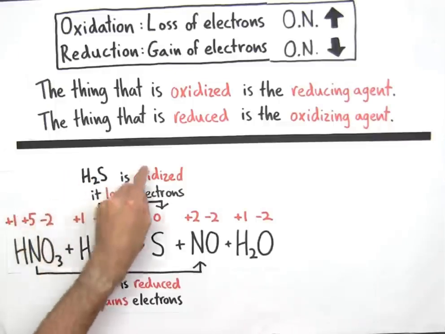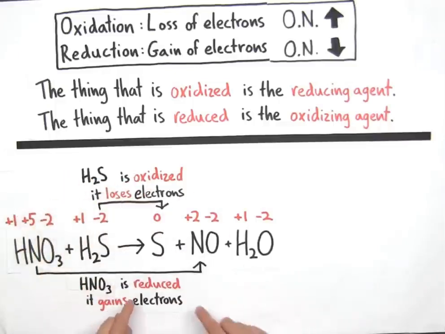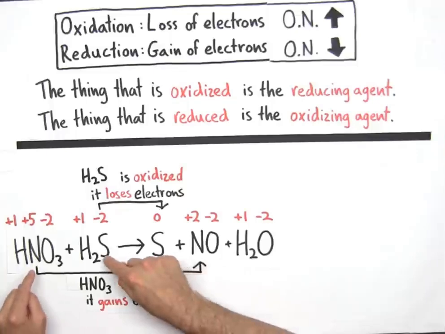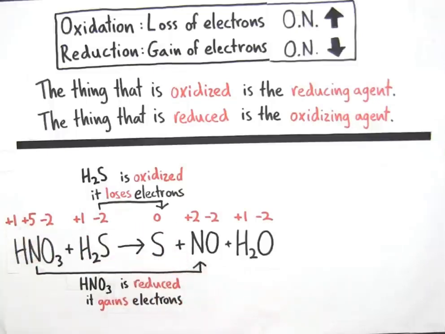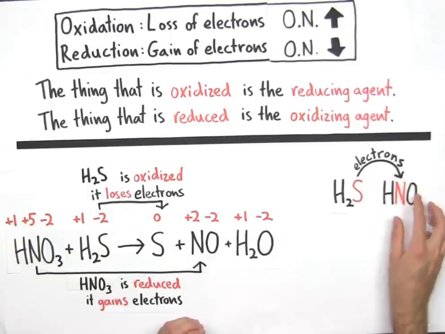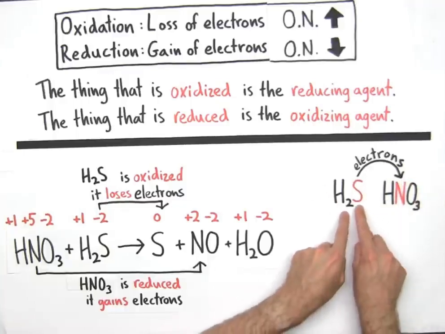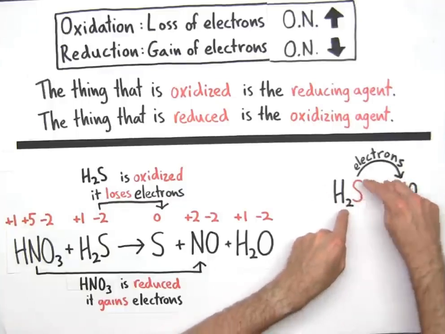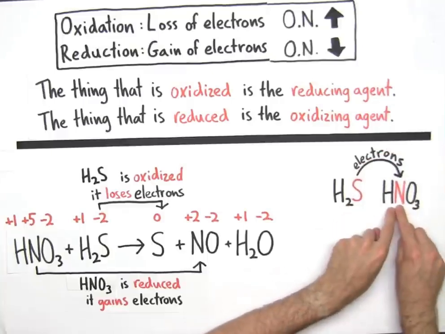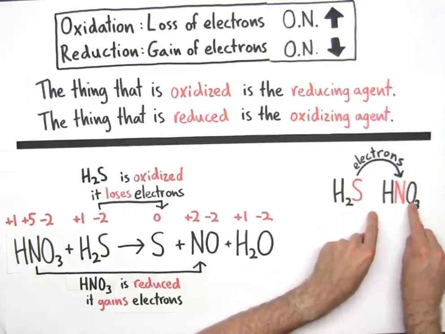So H2S is getting oxidized, HNO3 is getting reduced because these atoms are part of these compounds. We can sum this up with the diagram that I drew. The sulfur from H2S is giving electrons to the N in HNO3.